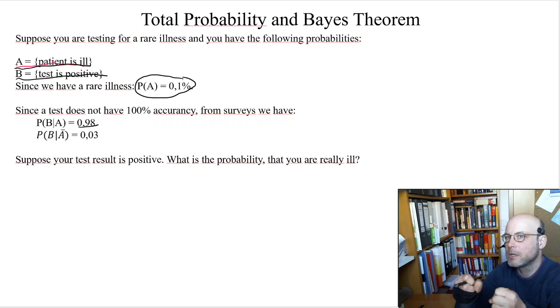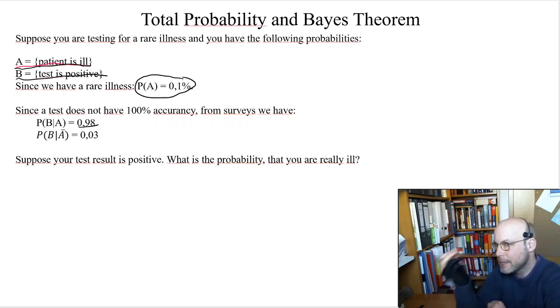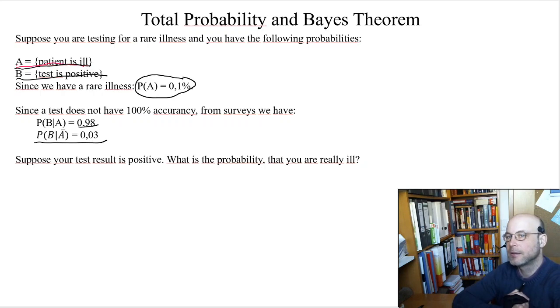But what we want to know is if some specific guy gets his test in the morning and sees these two red lines and says, so am I ill or am I not ill? And from this survey, we also know that in 3% of all cases, we have a positive test, but we have the complementary event that this guy is not ill.